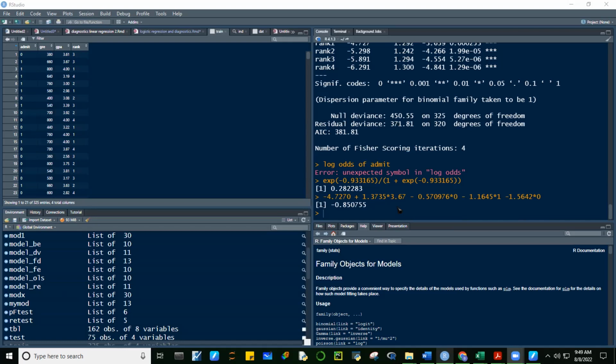If you were able to get the log odds ratio of person number 2 in the trained data set, equivalent to negative 0.850755. Okay. Thank you. Thank you, Willie.